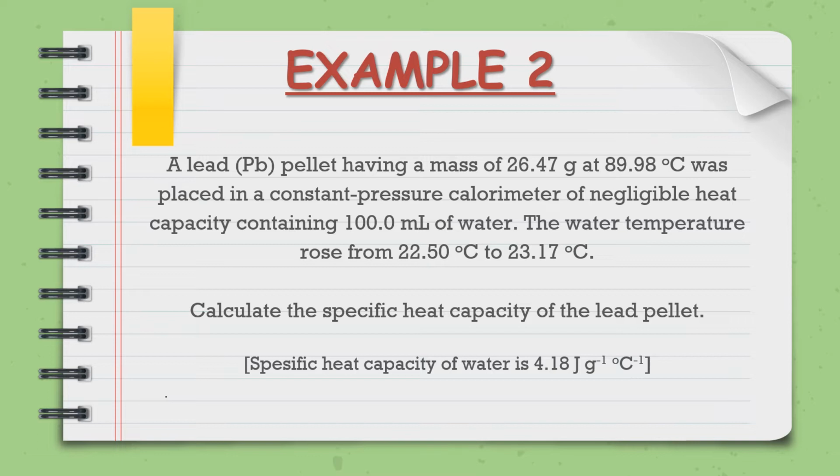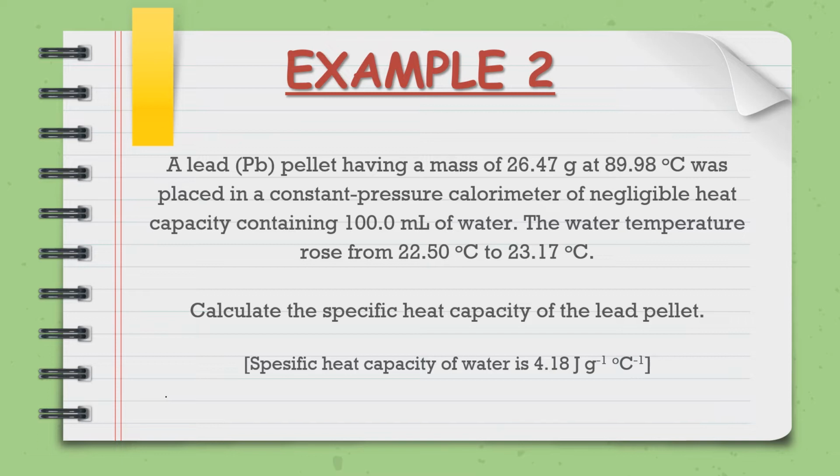The water temperature rose from 22.5 degrees Celsius to 23.17 degrees Celsius. Calculate the specific heat capacity of the lead pellet. The question here already gives you the value of specific heat capacity of water.